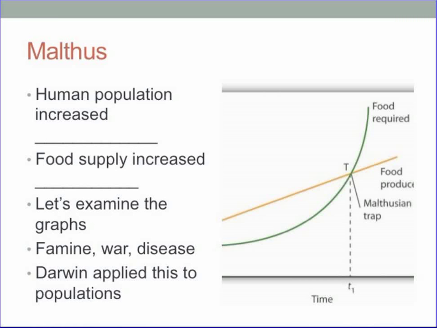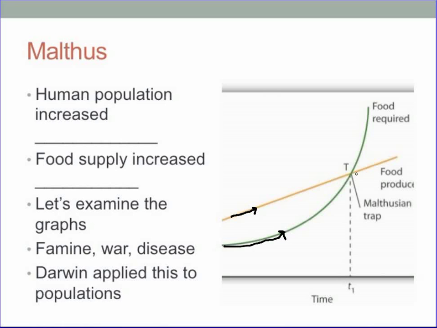Then Malthus came about, and he said that human population increases exponentially. So as you can see on the graph, we have the human population line in green increasing exponentially. Then he said that the food supply increased linearly. And this is the food supply line.